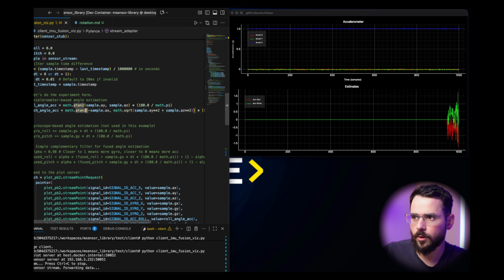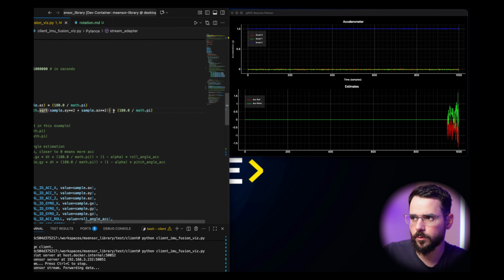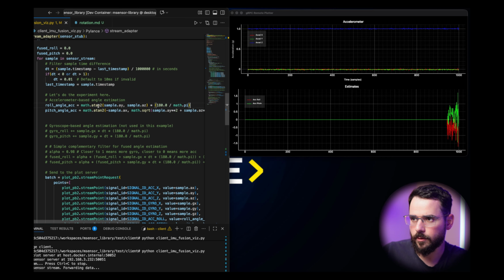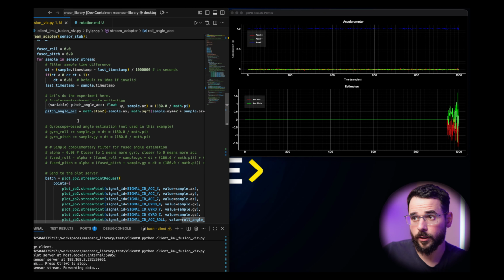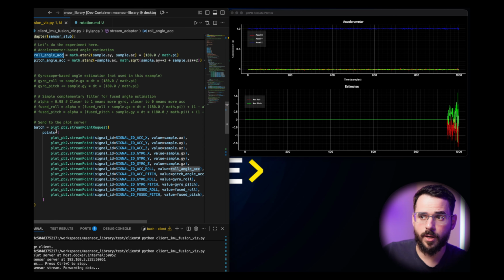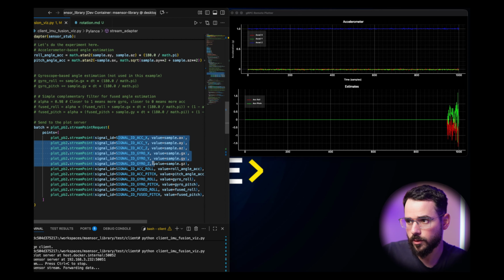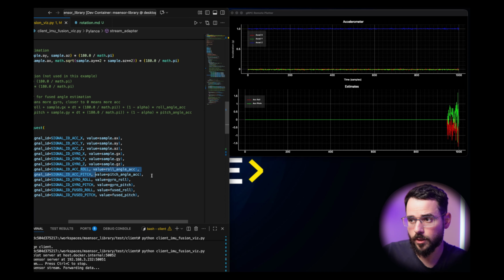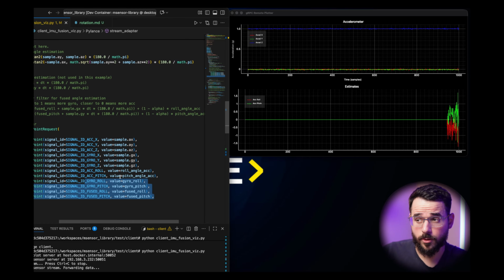Add them to some square roots, and then we convert to degrees, and this is the calculation. And here with my plot server, this is a batch of points that we can render at the same time, and these are the raw signals, and these are the ones that we just calculated. These are going to be discarded for now, but we will have a look at them later on.